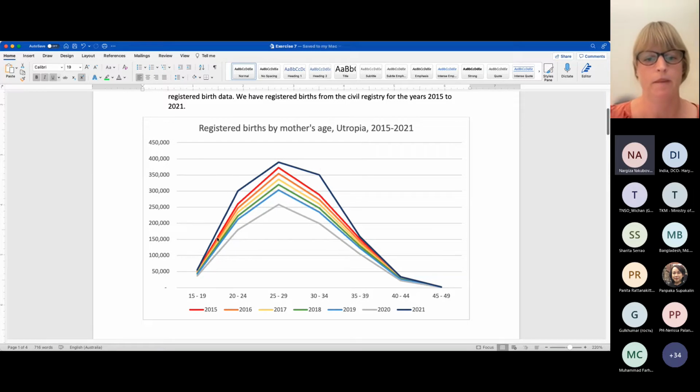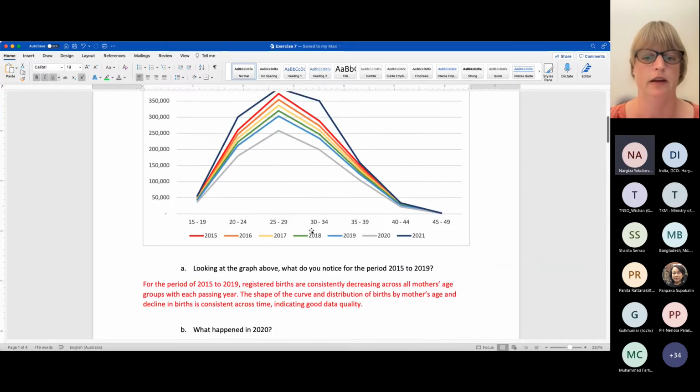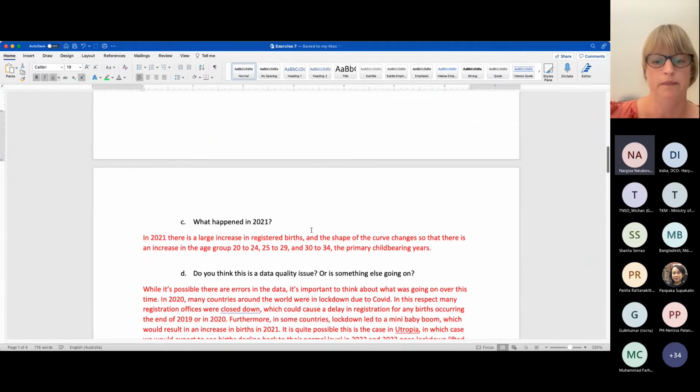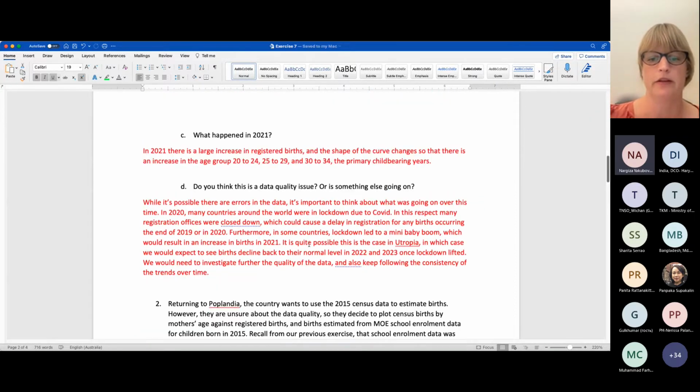So it's probably not a data quality issue, but that doesn't mean that we shouldn't investigate and ask a few questions and try to understand what is going on. The other thing we would want to check is, following 2021, what happens in 2022 and 2023. We would, in theory, expect to see the births drop back down.